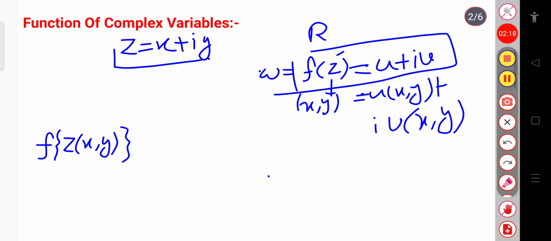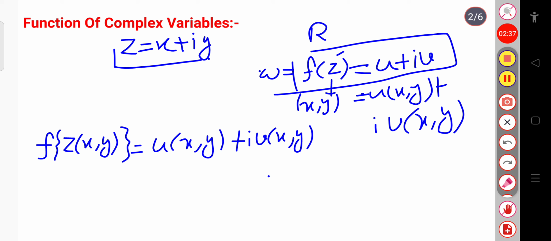Here I am writing this more precisely: this function equals u of xy plus iota v of xy. We can define it like this.